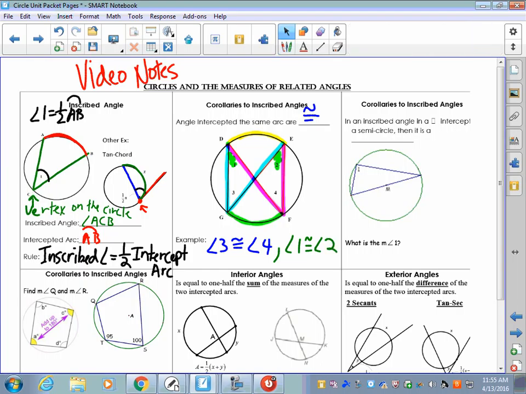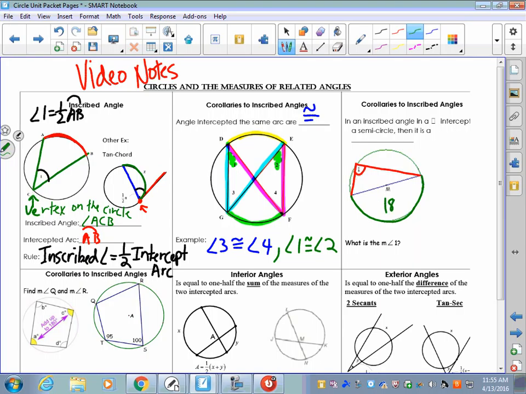Now another corollary, with inscribed angles, is that if an inscribed angle in a circle intercepts a semicircle, think about this: my inscribed angle, angle 1 here, has sides, and the arc for that angle is what degrees?